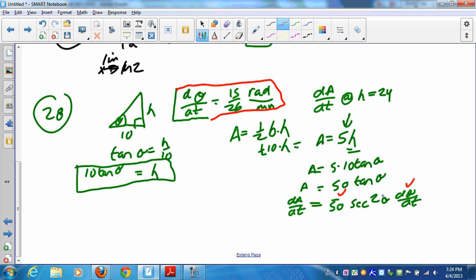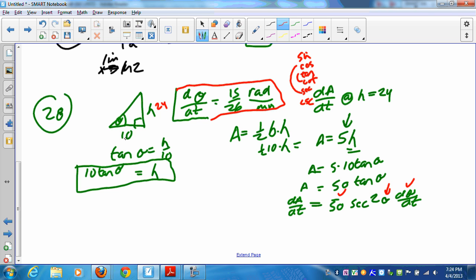All we need to know is, well, what's this angle theta? Well, when h equals 24, and we need to know that, and secant is what? Cotangent, secant, cosecant. So looking at our rainbow here, secant is paired up with cosine, right?